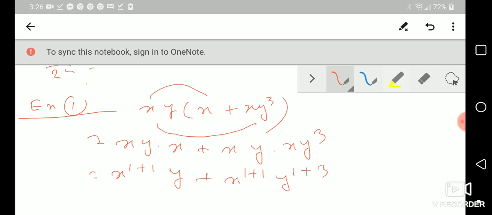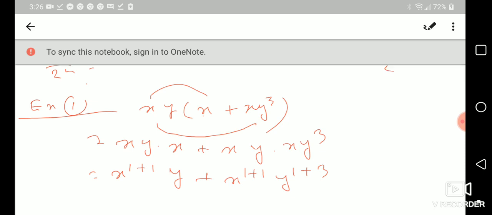If you do not have anything on top, we assume that it's 1. Instead of writing 1, we just write y. If we had any number apart from 1, then we write it, like y to the power 2, x to the power 2. But 1 we don't write, because there's no point in writing it.